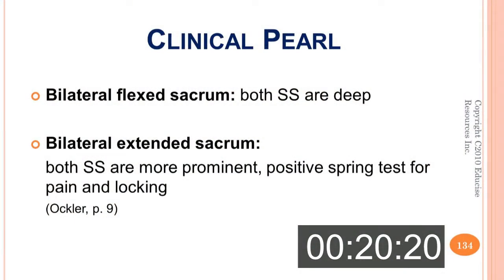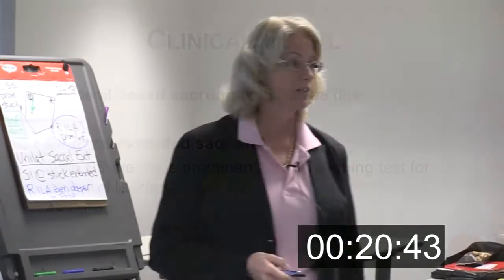Okay, clinical pearl. So bilateral flexed sacrum, both sacral sulci go deep. Bilateral extended sacrum, both sacral sulci are prominent. Another key, if it's flexed or extended sacrum, what will you find diagnostically on your provocation tests? Positive spring test for those extended or posterior sacrums.